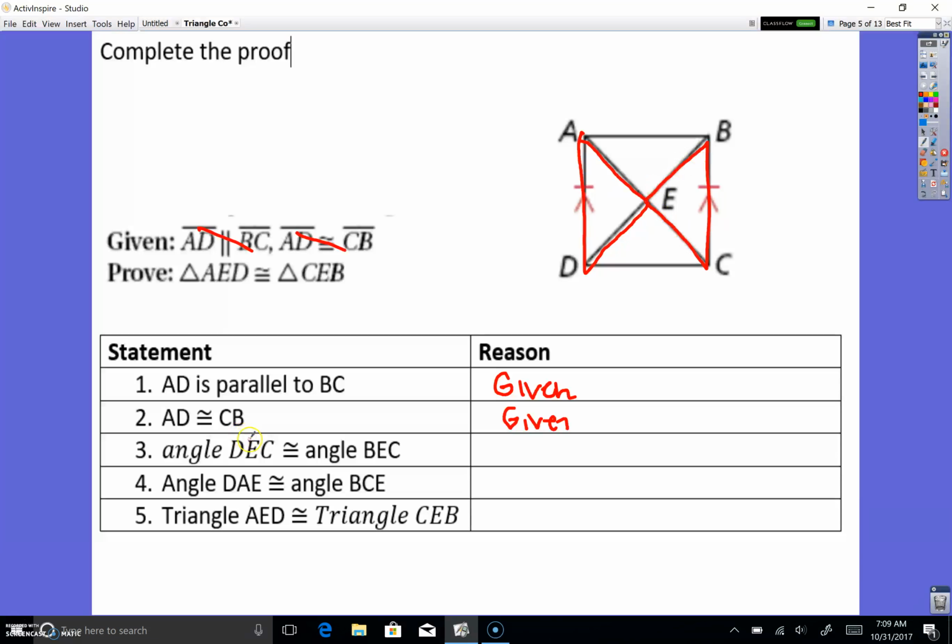Actually, this should say angle DEA is congruent to angle BEC. I wrote that wrong. So angle DEA is congruent to angle BEC because they are vertical angles. Angle DAE, this one right here, is congruent to BCE.